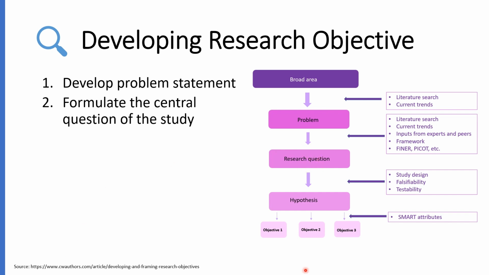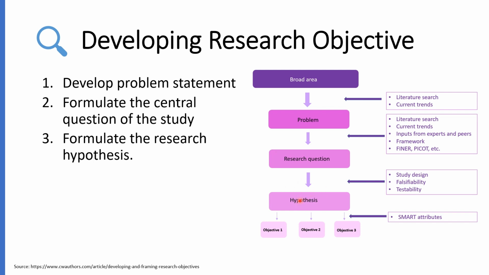From the central question, you formulate the hypothesis. The research hypothesis is basically the formal prediction that is to be investigated. Just like in our previous example, what are the different things that may affect the efficiency of the turbine blades? So you are now formulating the hypothesis.